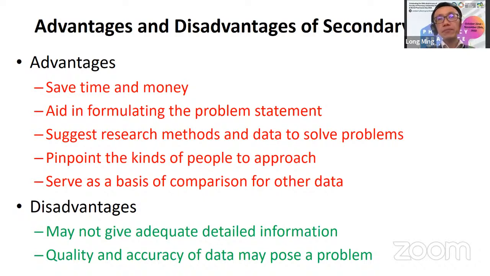And also accuracy. Ironically, we have to accept the fact that sometimes the results presented in the article could be biased, or the data collected might not be accurate.